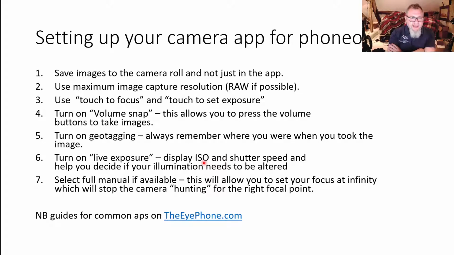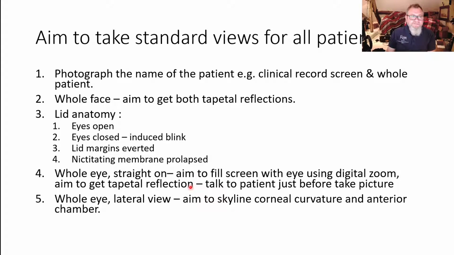So displaying your live ISO and shutter speed will help you know whether or not you need to add in extra illumination. And if you can select full manual mode, that will allow you to focus yourself rather than waiting for the camera to autofocus.